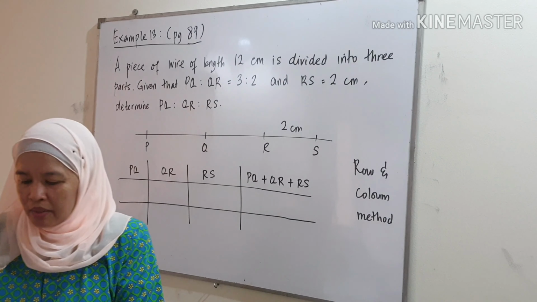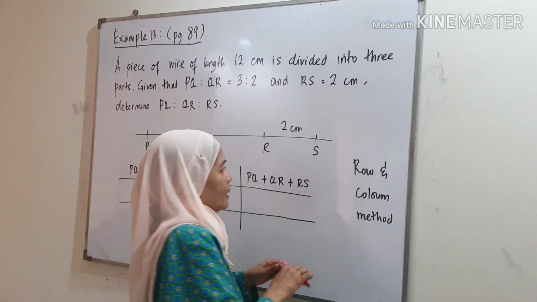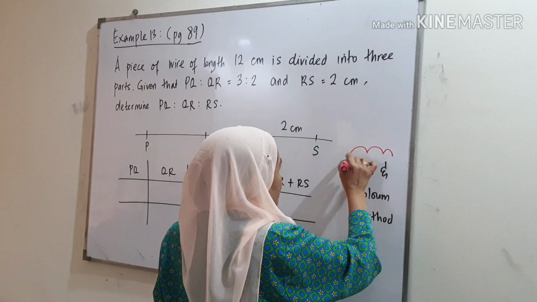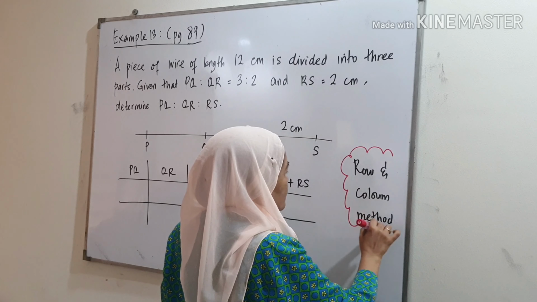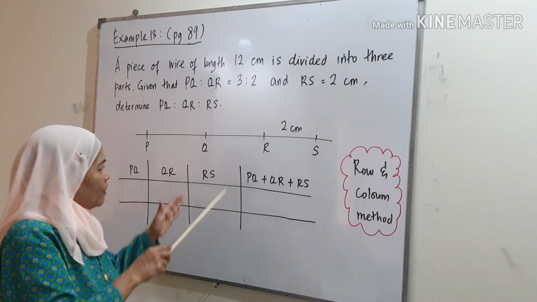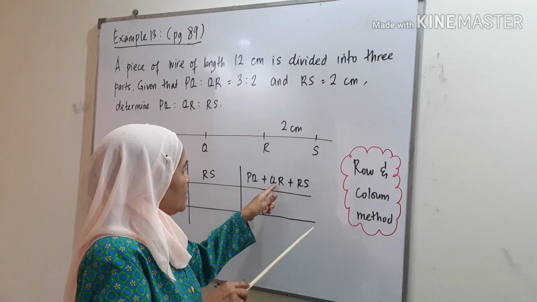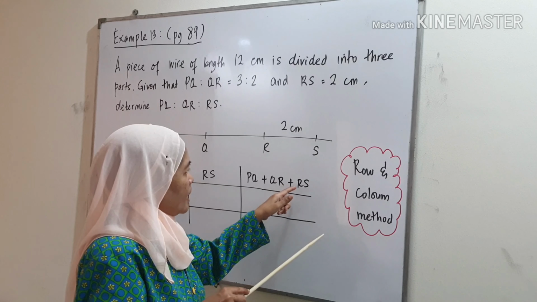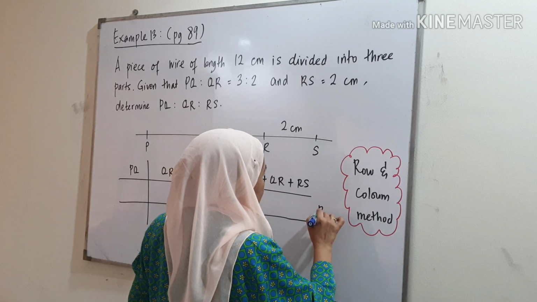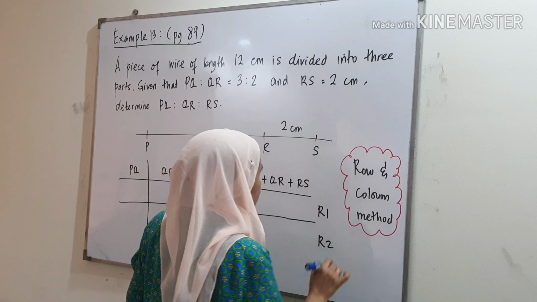We use a row and column method because this is the best way to solve this type of question. So this column is for PQ, this column for QR, this column for RS, and this column for PQ plus QR plus RS. Okay, so this is R1 and this is R2.